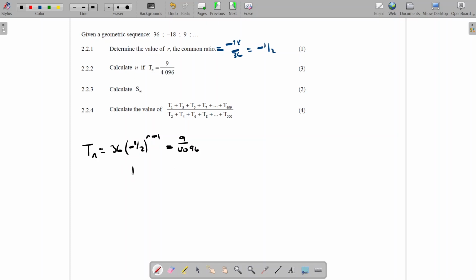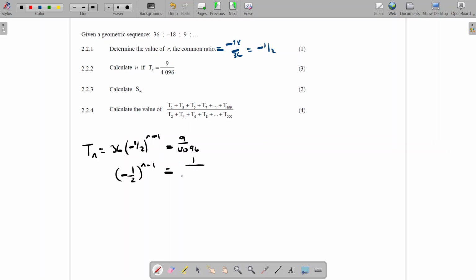So we divide by 36, so -1/2 to the power of n minus 1 equals 9 divided by 4096, okay, divided by 36, which equals a crazy number, 1 over 16384, okay, which is a power of 2.